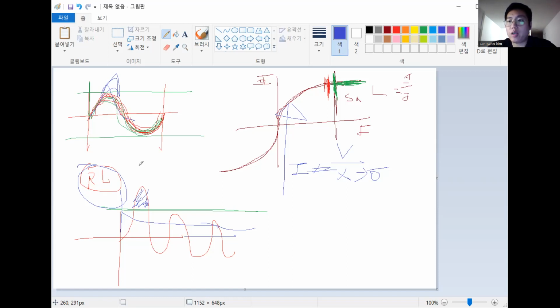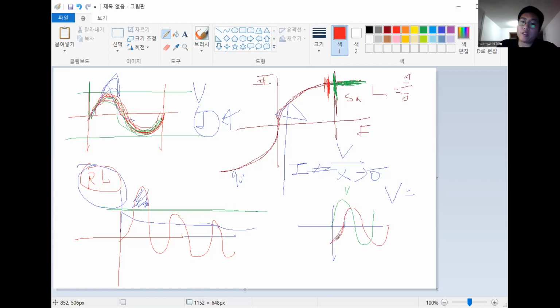So as you guys can also remember, in the RL circuit, I is lagging the voltage by 90 degrees, right? For example, this is V, and I is from here. I is 90 degrees lagging, right?